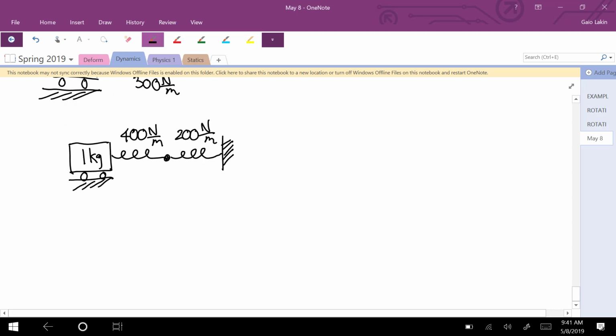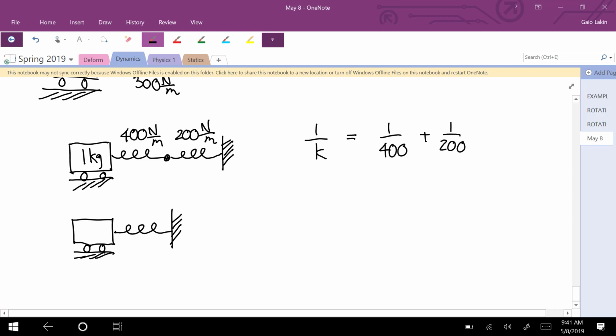And now this is equal to a system with a single spring, and we can calculate K as, so 1 over K is equal to 1 over 400 plus 1 over 200. So 1 over K is equal to 3 over 400.